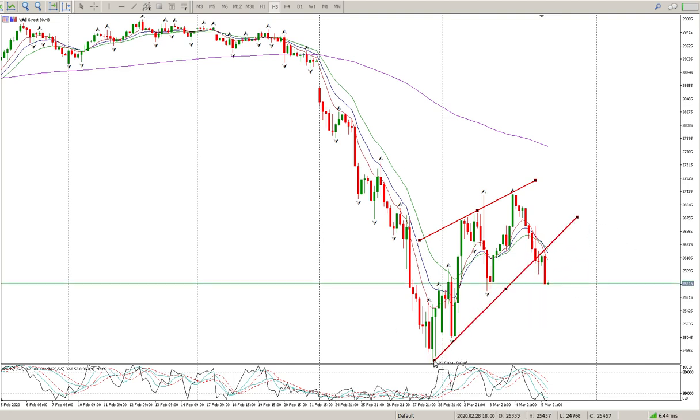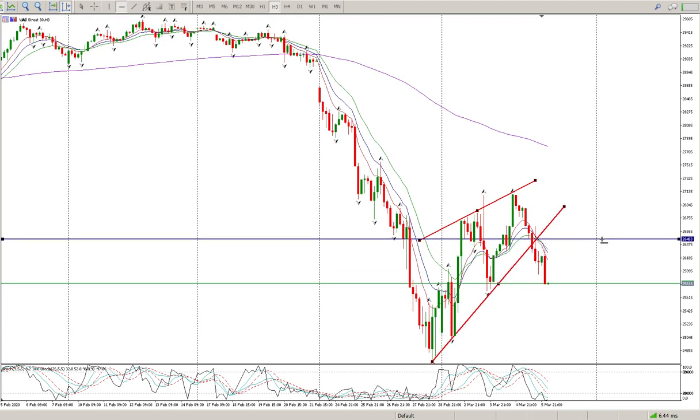What I'd be looking for is another bounce up and some sort of price action somewhere around there, and that'll be 26,464.